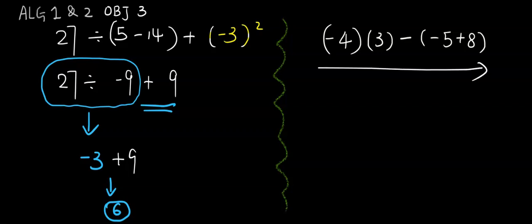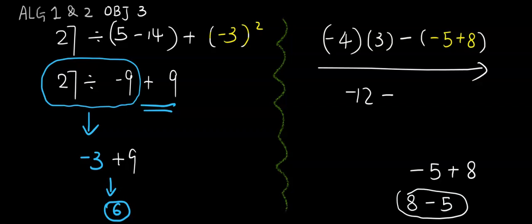Negative 4 times 3, negative 12. Minus, look at what's happening inside this parenthesis. Negative 5 plus 8. By commutative property, you can simply flip the order. You have 8 minus 5, which is 3.